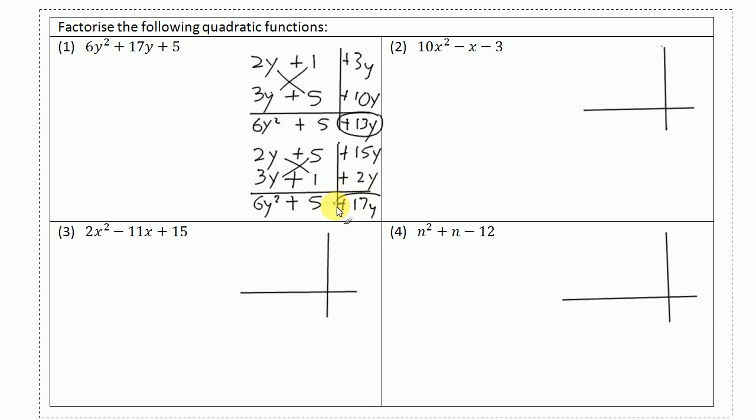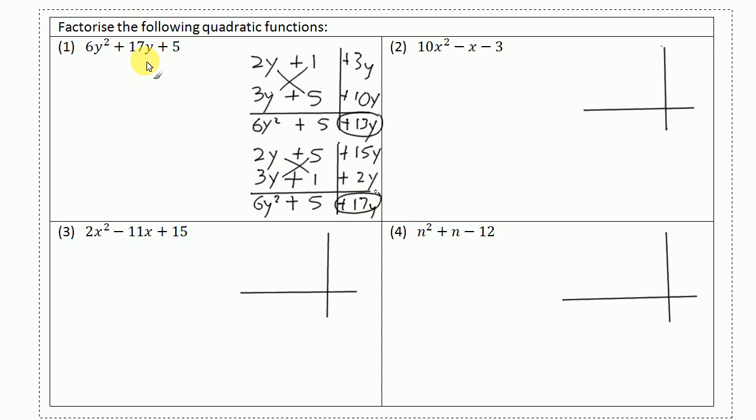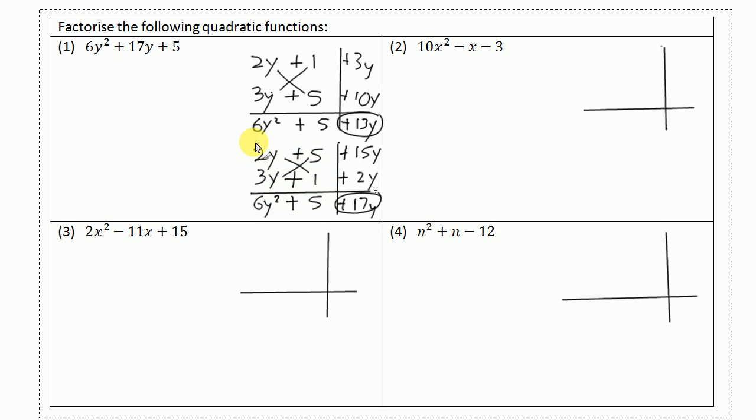Now compare this with the middle term. It's the same. That means the two factors are this and this.